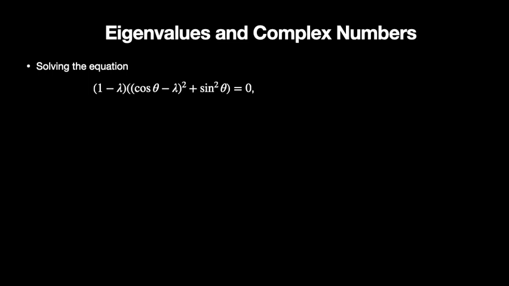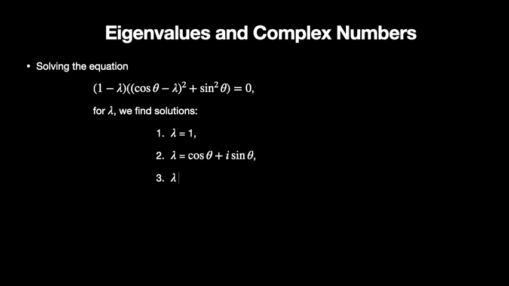Now if I try to solve this equation, you see that one possible solution is that lambda equals 1. And for the rotation matrix, which is a rotation about the z-axis by an angle theta, we have already worked out just intuitively that when lambda is 1, the scaling factor is 1, and the corresponding eigenvector is just a unit vector along the z-axis. However, this also gives us two other solutions. Notice that this is a cubic equation in lambda, an equation of degree 3.